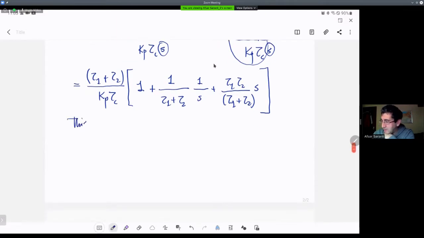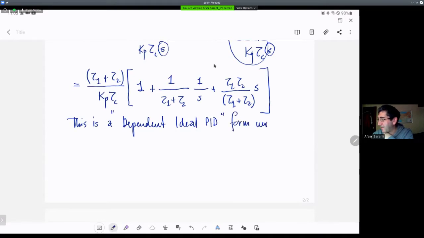So this is nothing but this is a dependent ideal PID form with the controller parameters.